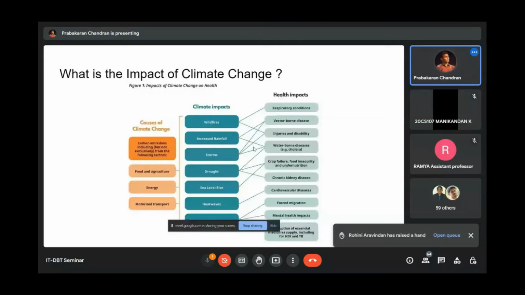Okay, so when many countries or regions are relying on groundwater, due to the drought the groundwater level will be reduced, and the quality of the groundwater will also get spoiled.